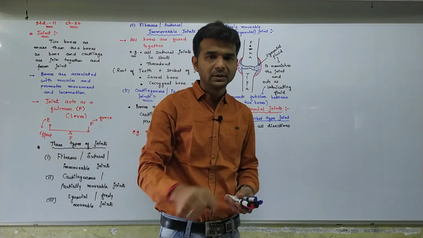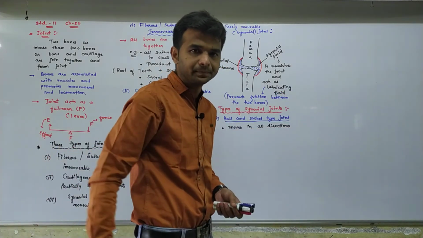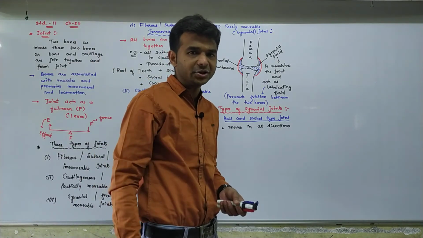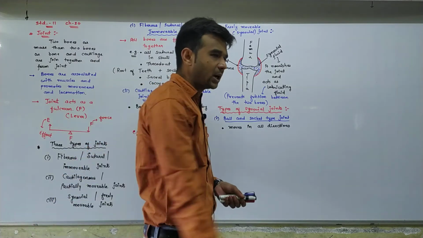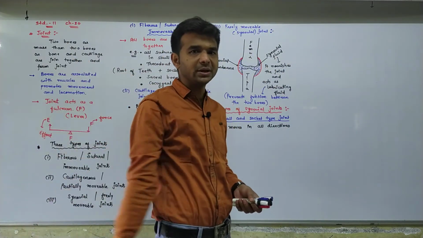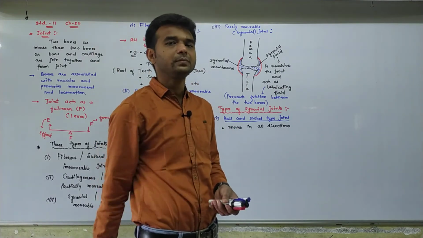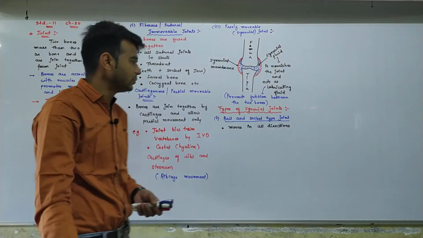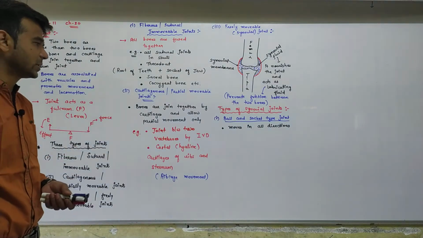Just for example, if I am doing flexion, extension, abduction, adduction, so front movement, back movement, side movement, and along with that circumduction and rotation. So all these types of movements are seen in the ball and socket type of joint.